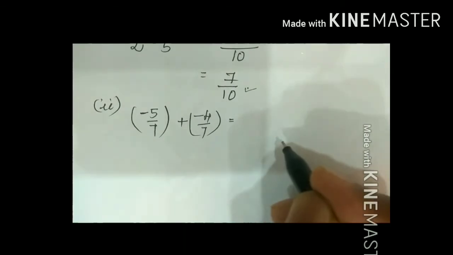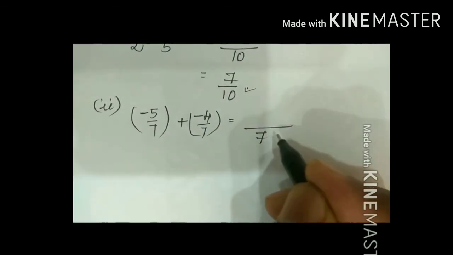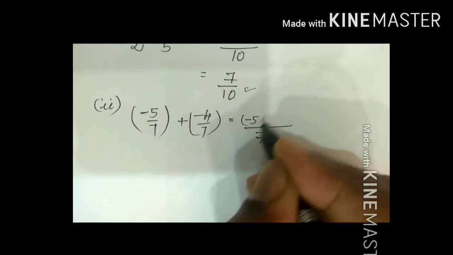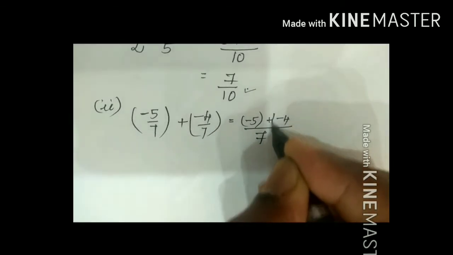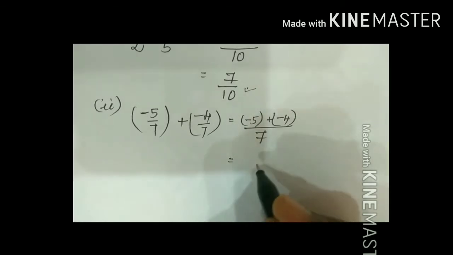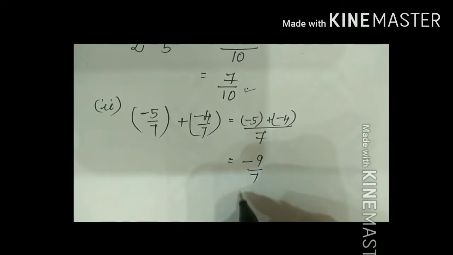The denominators are the same, so we'll write the same denominator and add the numerators. First numerator is minus 5, second numerator is minus 4. So minus 5 plus minus 4 is equal to minus 9 by 7.